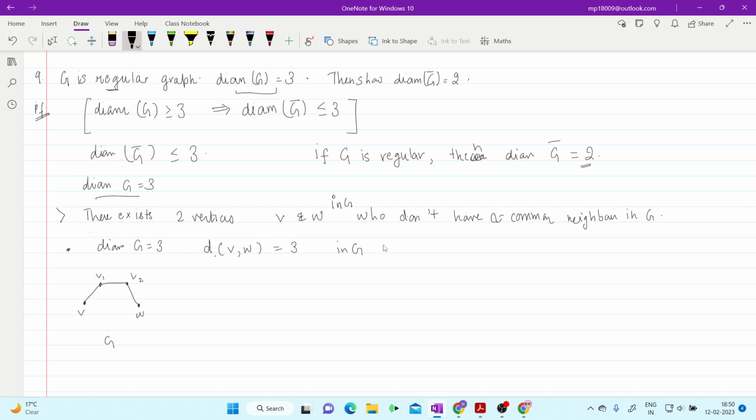And if we look in G bar, since there is no edge between V and W in G, this will be an edge. Now can there be an edge between V and V2 in G?